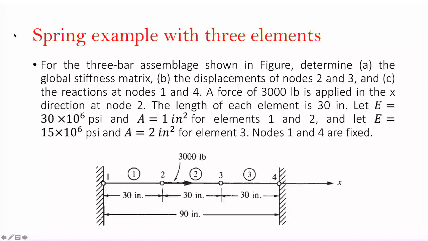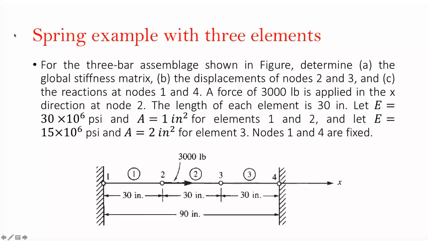So here is an example that we want to solve. We have a rod whose two ends are totally fixed, and we want to use three elements for analyzing this figure. Each element has two nodes.